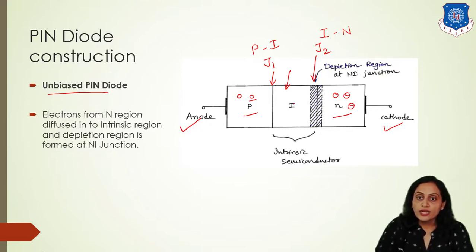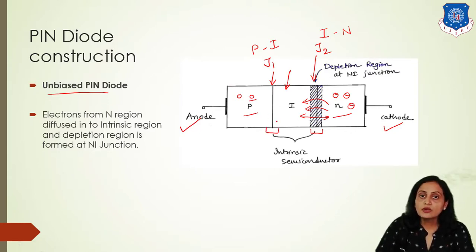And that is why at the junction between intrinsic material and n-type material, electrons are crossing this junction, and nearer to the junction a region is created which does not have any mobile carriers and just has immobile ions. So this particular region is said to be a depletion region.